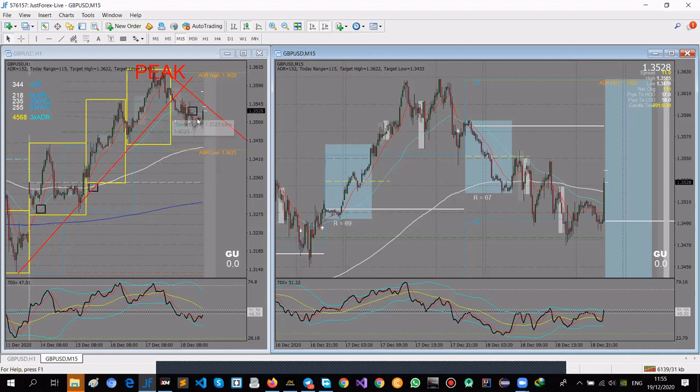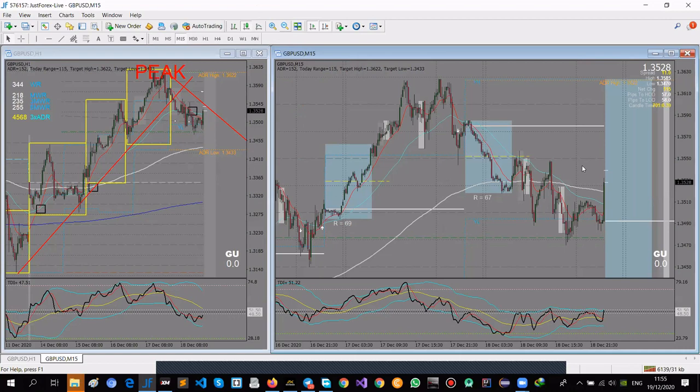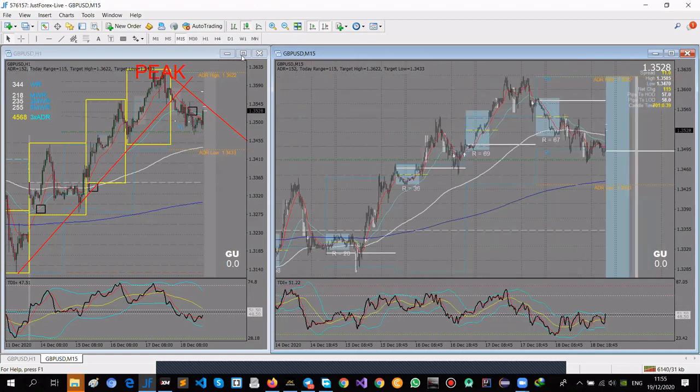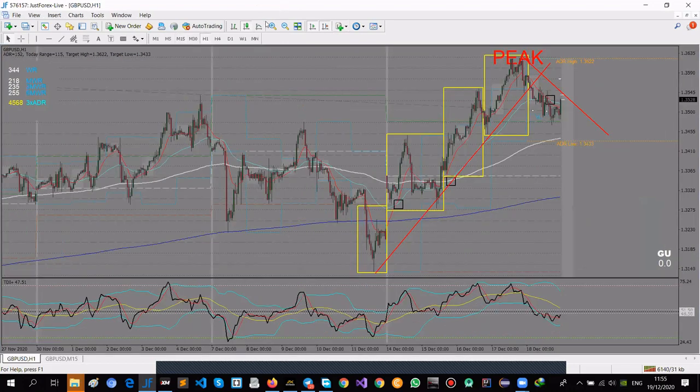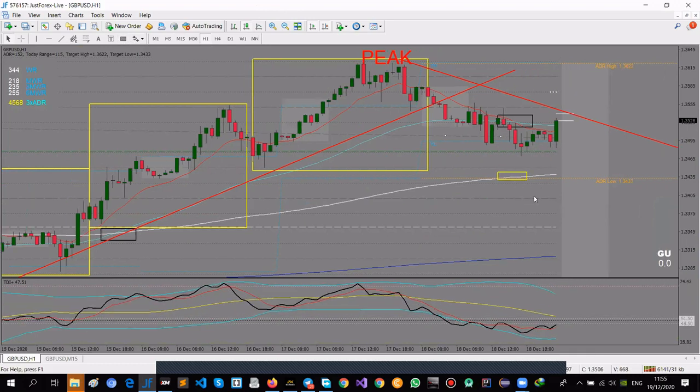If we're going to have a reset, according to the golden rule for the reset, on the 1 hour time frame the price is supposed to reject from this area right here, from the 200 EMA here.